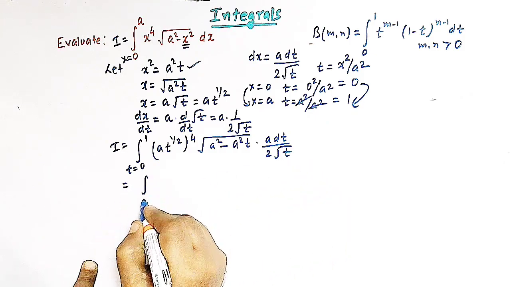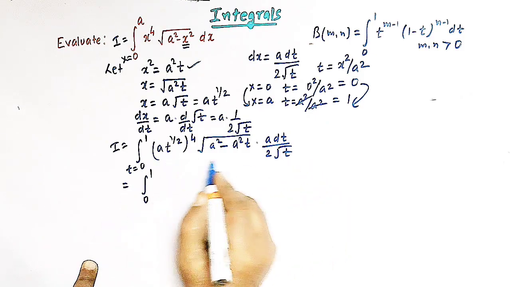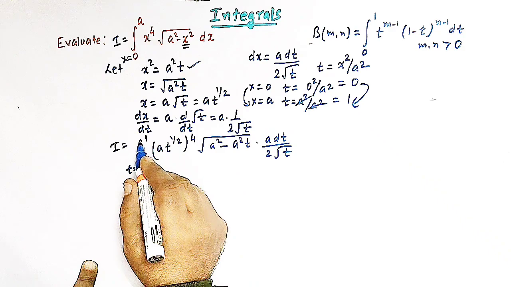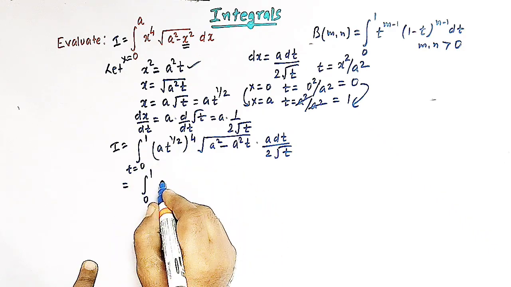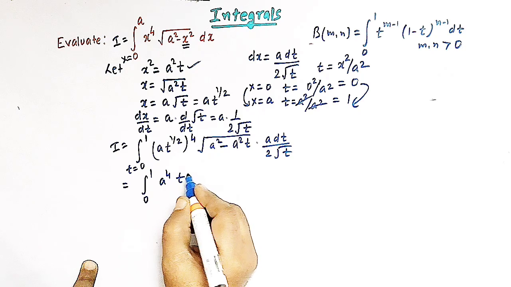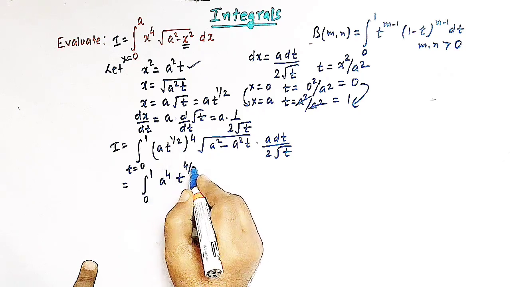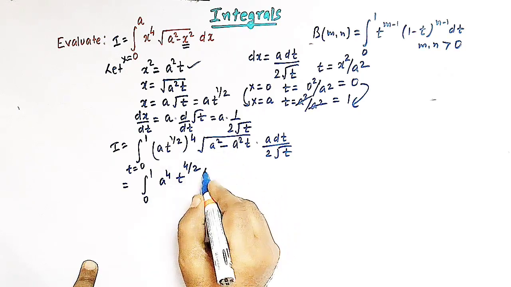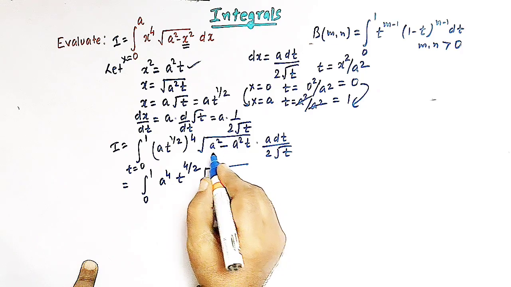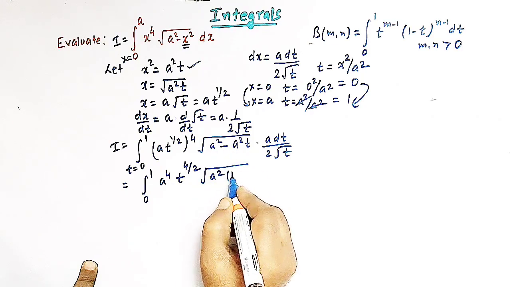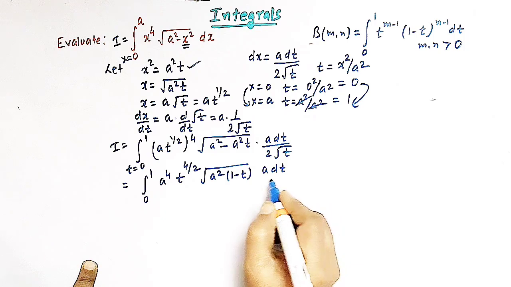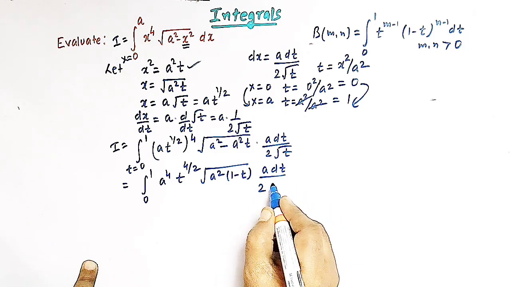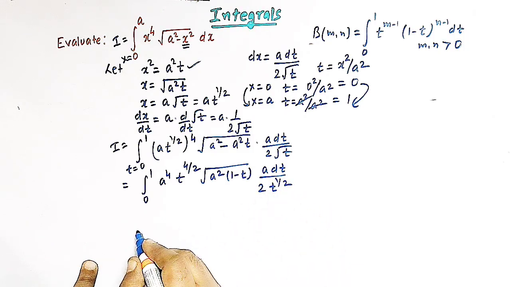So now let us simplify this expression inside this integral. We have a raised to 4, then we have t raised to 4 over 2, and here we can take a square common. So we have 1 minus t, and here we have a dt over 2 times t raised to half, right?